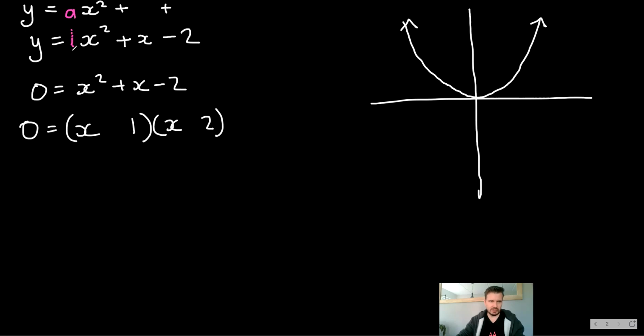So it's a ghost 1, it's there, but we don't see it. Again, we have a ghost 1 in front of the x. And so that is our B, something x, so let's do that in yellow. So that's a 1 there. And if there was no minus 2, so if it is x squared plus x, you just say that your C is 0. If you don't see a number, you just take that number to be 0.